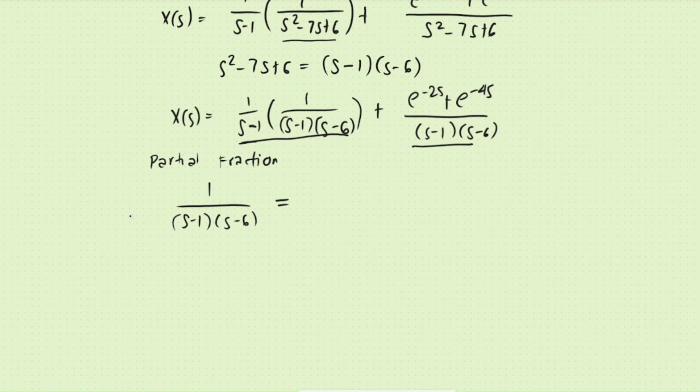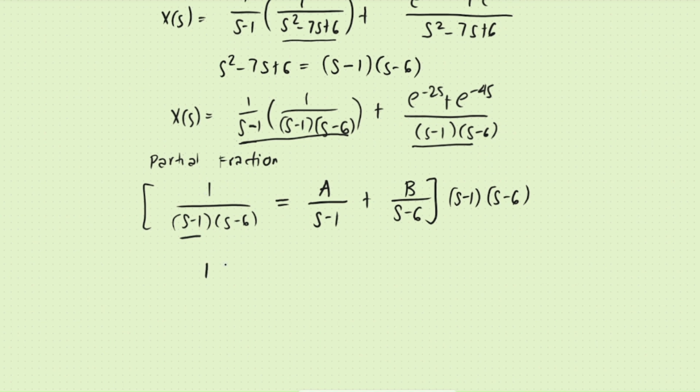Let's split this into 2. We'll write A over the first factor, s minus 1, plus B over s minus 6. The next thing we're going to do is multiply both sides of the equation by the denominator, so that the left hand side becomes 1.